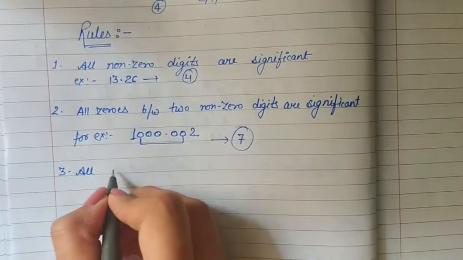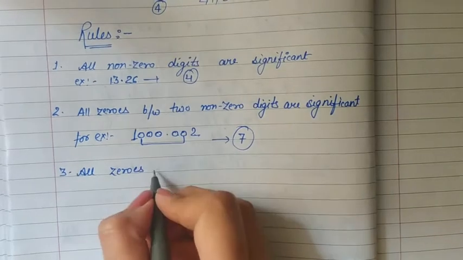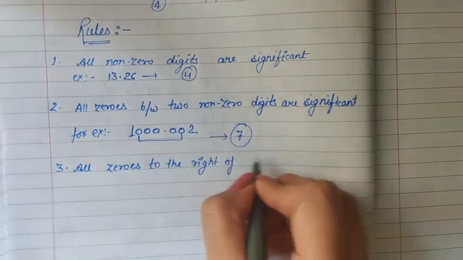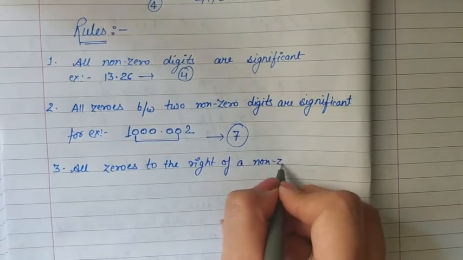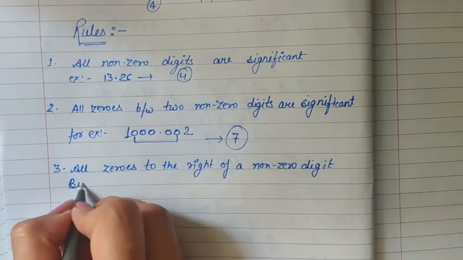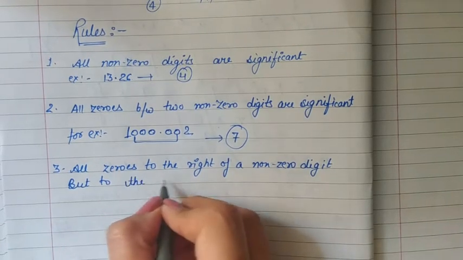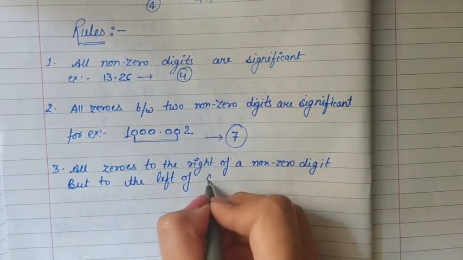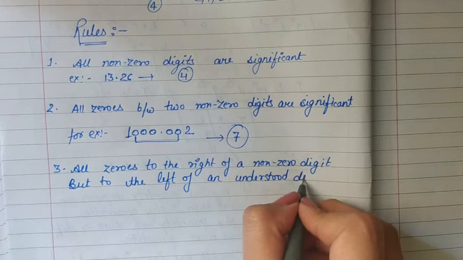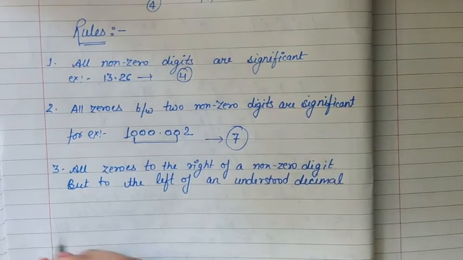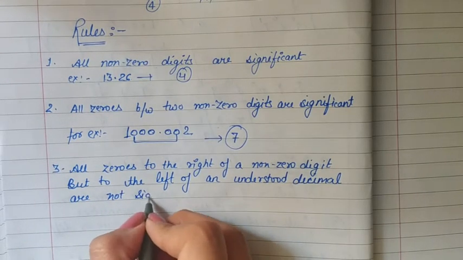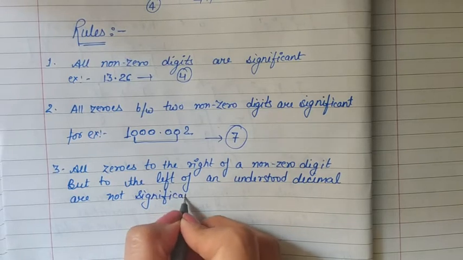All zeros to the right of a non-zero digit but to the left of an understood decimal are not significant.